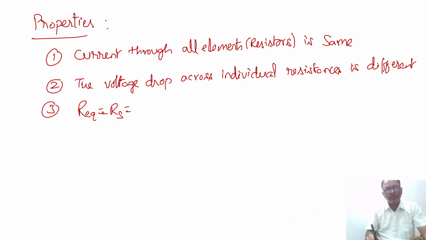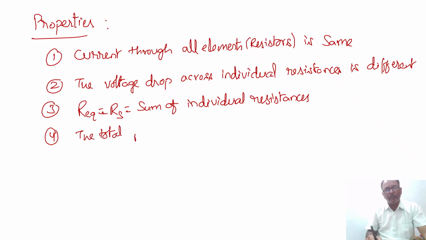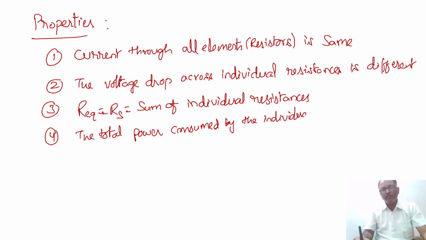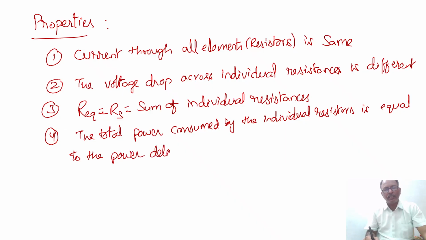The sum of individual resistances that are connected in series, and the total power consumed by the individual resistors is equal to the power delivered by the source.